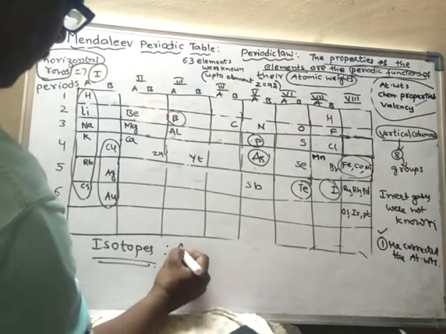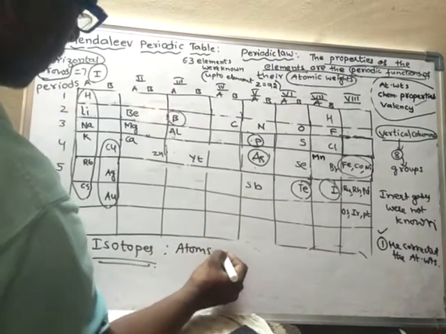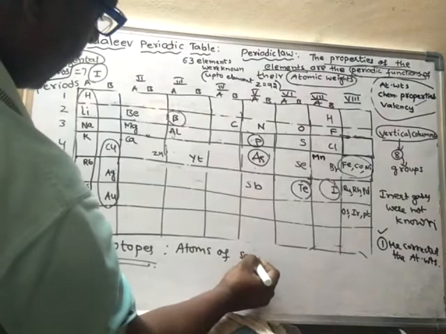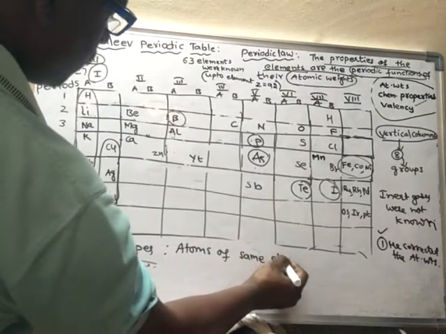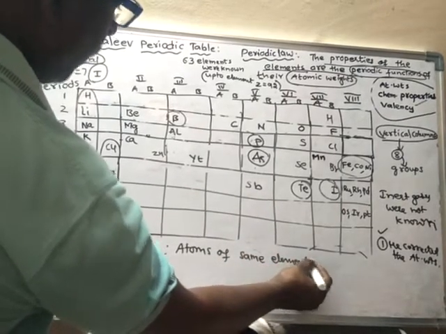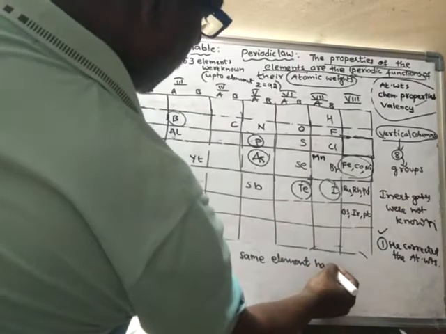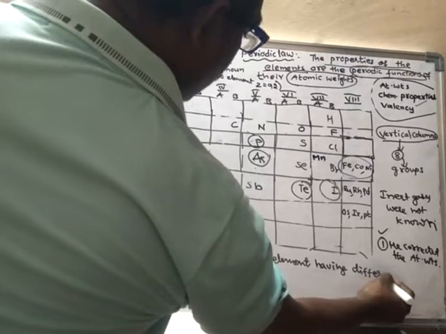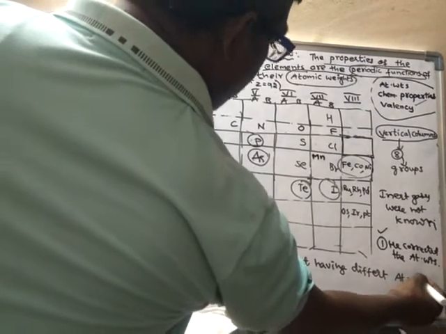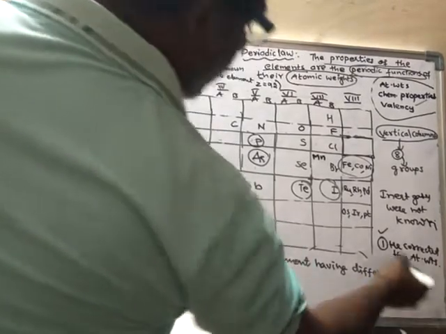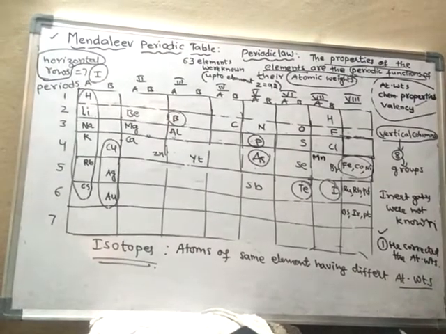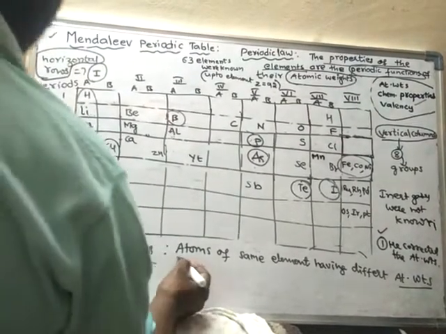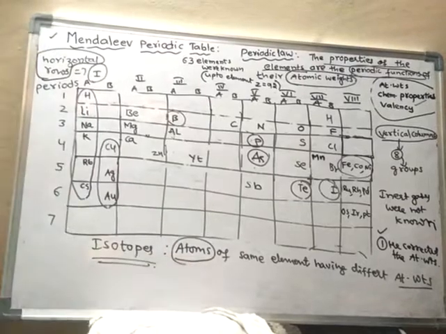Isotopes are atoms of the same element having different atomic weights, or else different atomic masses. Such atoms are said to be isotopes.